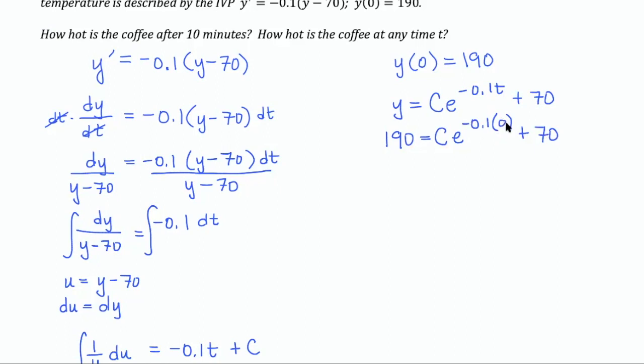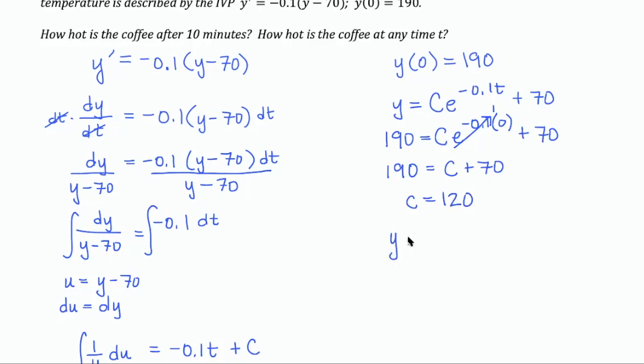This makes me happy because 0 times anything is 0, and e to the 0 power is just going to equal 1. So I'm really left with a very simple equation of 1 times C, which is C, plus 70. So therefore, my C is going to have a value of 120.